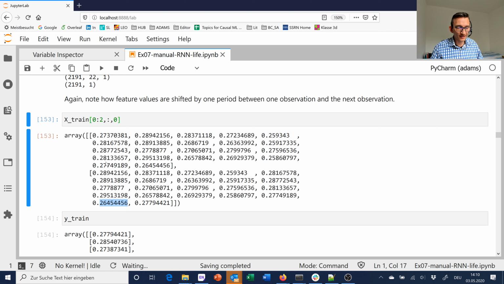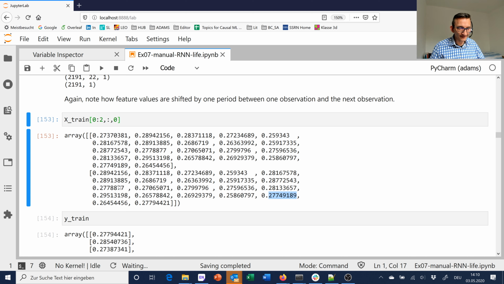For example, the second to last one in the first observation, 0.27749, you find that as third to last observation in the covariate vector of the next sample right here. So although it's a bit hard to spot, you do have this structure in the data.